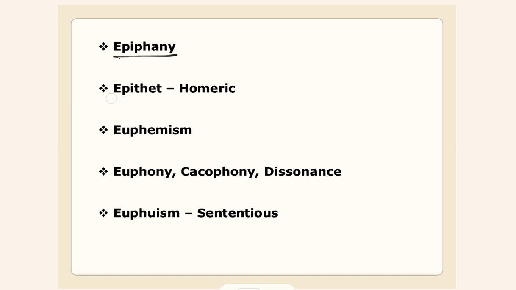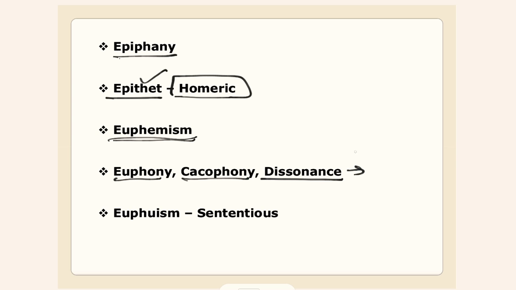Epiphany, epithet, Homeric, especially Homer used epithets in his works, known as Homeric epithets. Euphemism, euphuism, euphony, cacophony, dissonance. These are all terms associated with the sound system or linguistics in poetry.